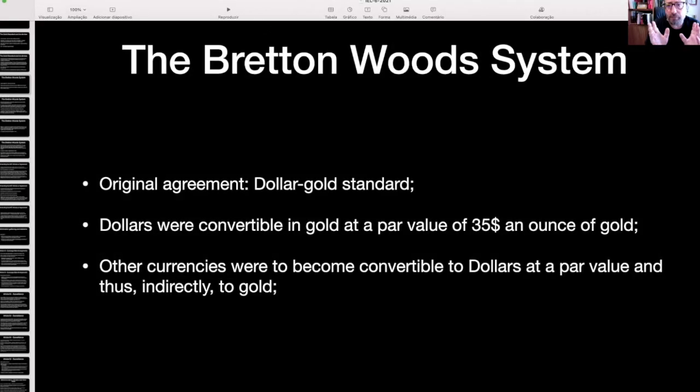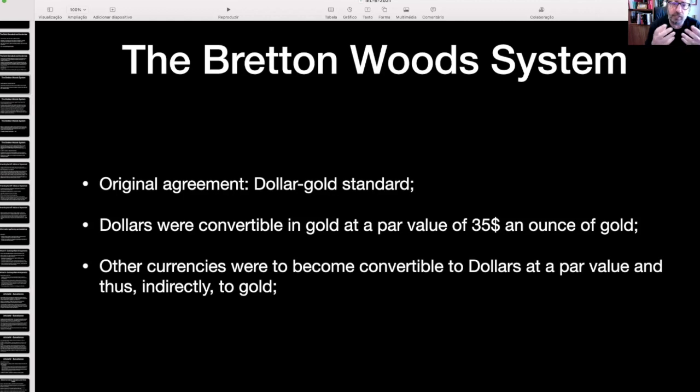Okay, so as we've seen, we had the gold standard by the end of the 19th century, beginning of the 20th century. World War I disrupted trade and also disrupted this international informal monetary system. The period between the two world wars was one of currency instability.